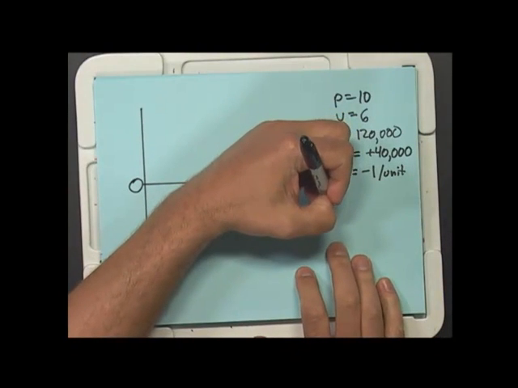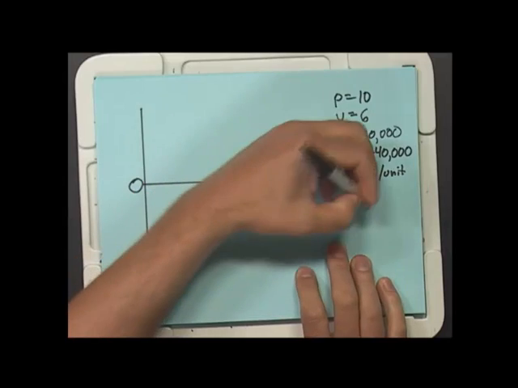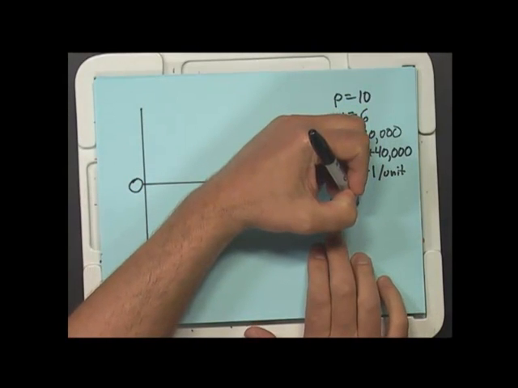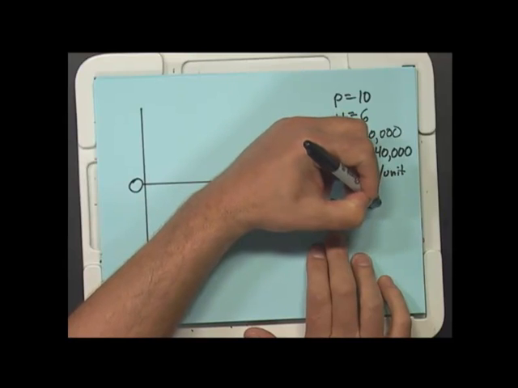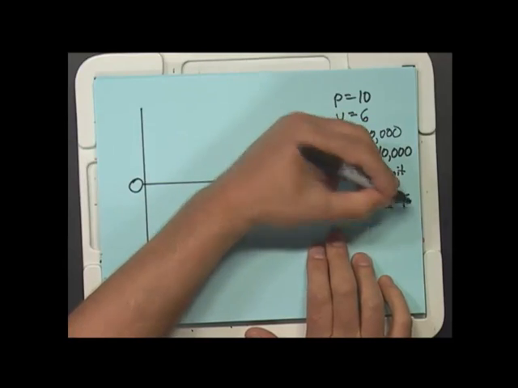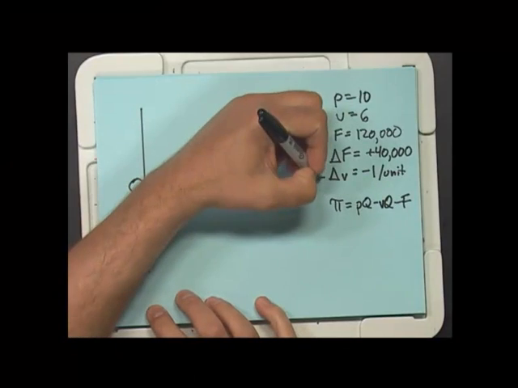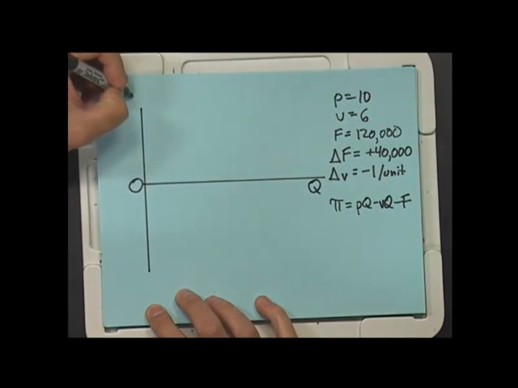So remember, our profit line is just PQ minus VQ minus F. By the way, this axis is Q and these are dollars, really profit.